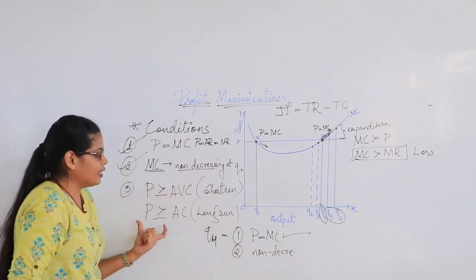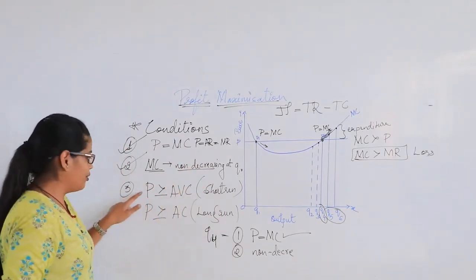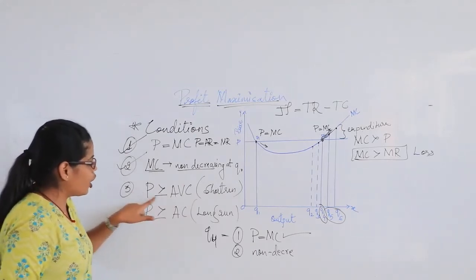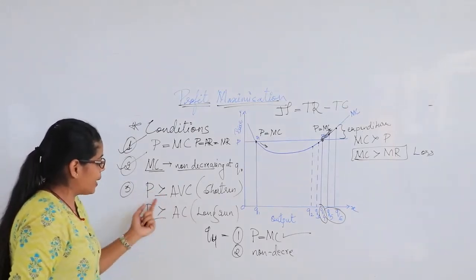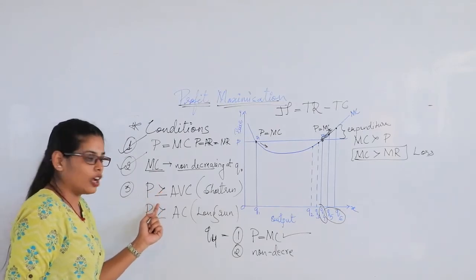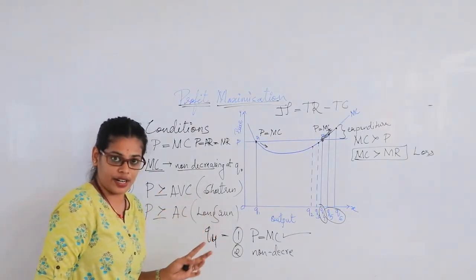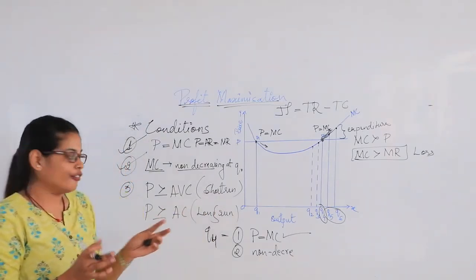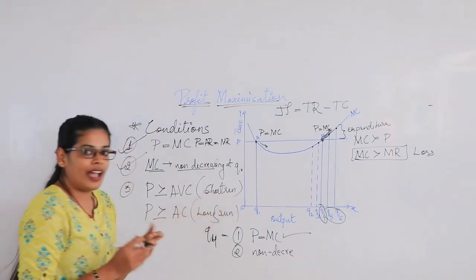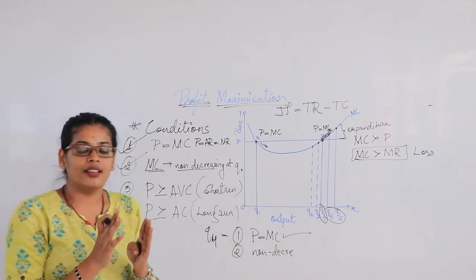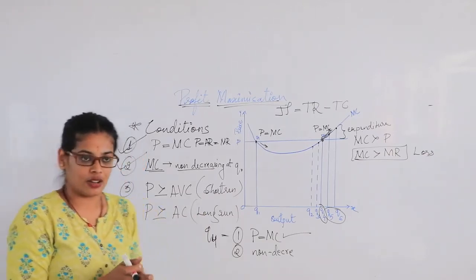The third condition talks about the price being greater than or equal to the average variable cost, only when it is in the short run. In the short run, we have seen that there are the variable cost and the fixed cost.